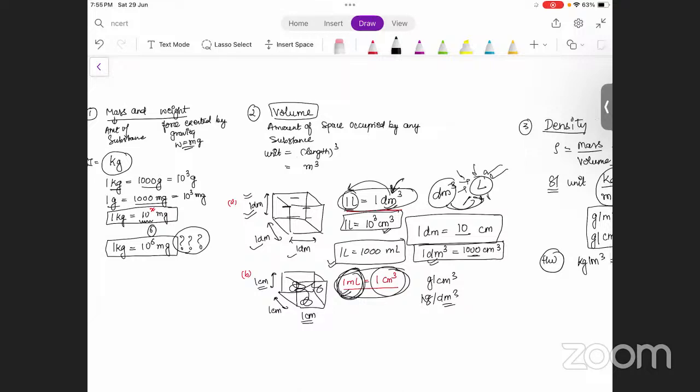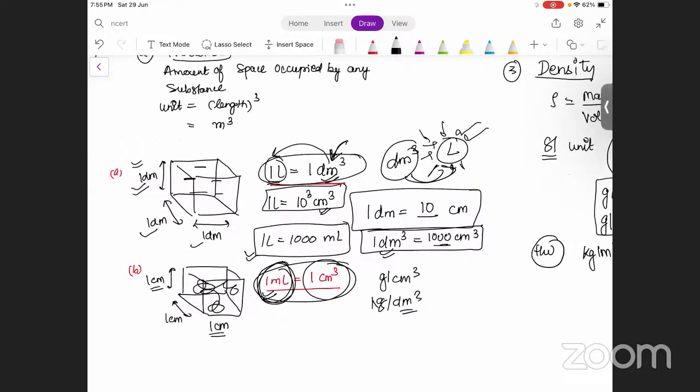The very important part is the conversion of units. I am again and again emphasizing that conversion of units is very important. Theory is fine, nobody is going to ask you about the theory, like what is density or what is volume. What you have to take away from here is how we convert one unit to the other.